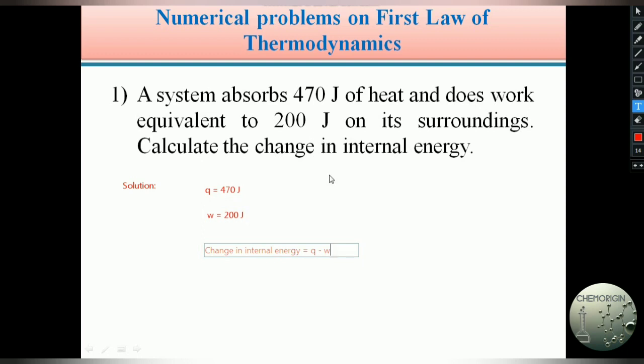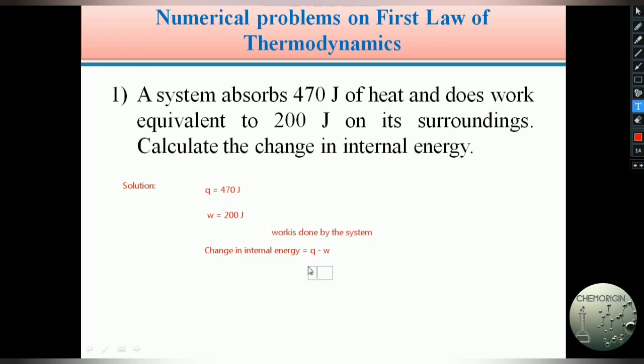This means work is done by the system. Therefore, for calculating change in internal energy, the formula is Q minus W.